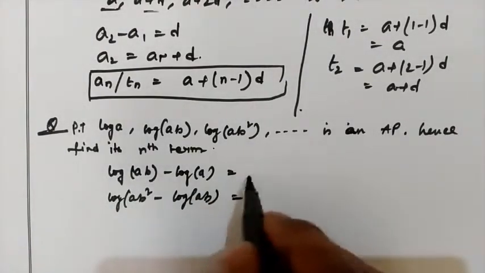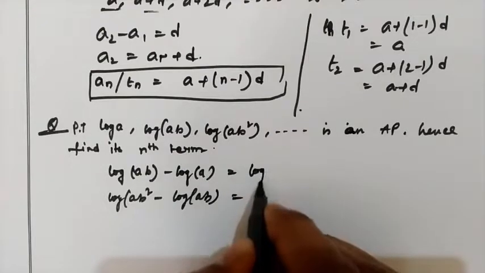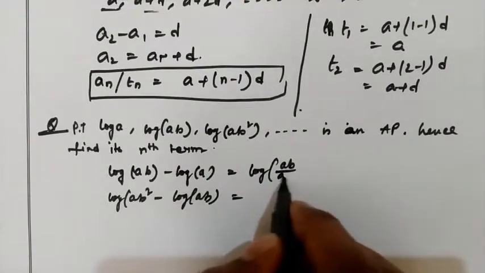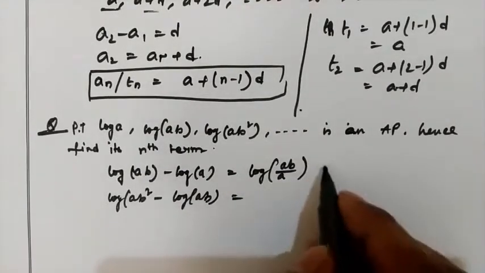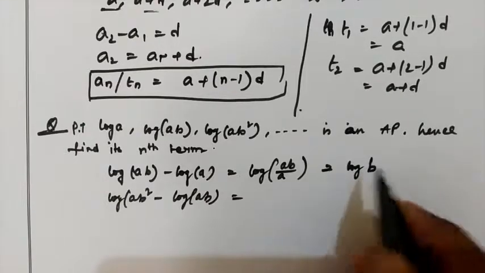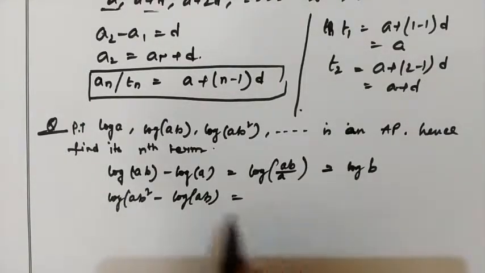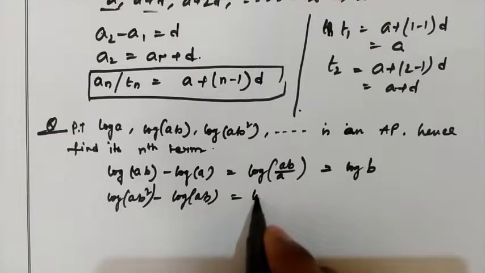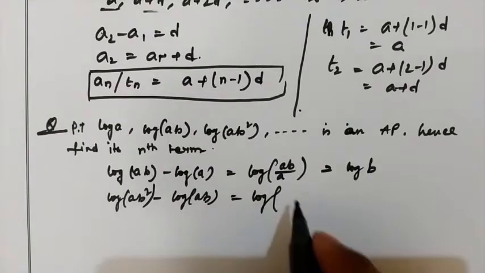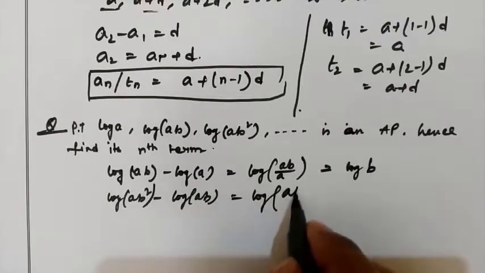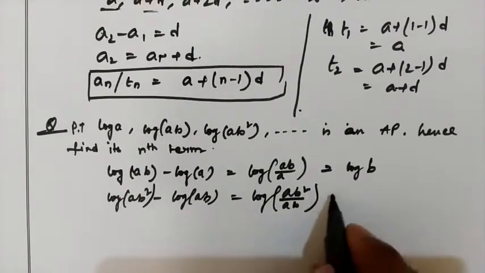So log AB minus log A, what can we write? Log AB by A, that means log B. In this case, we can write log AB square minus log AB, that is log AB square by AB, right?